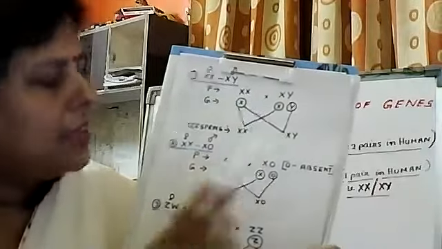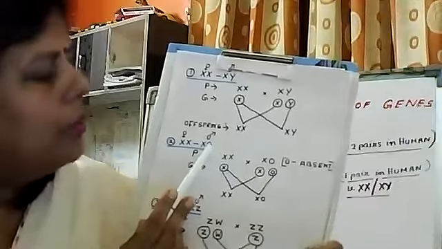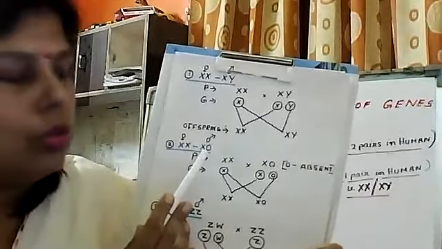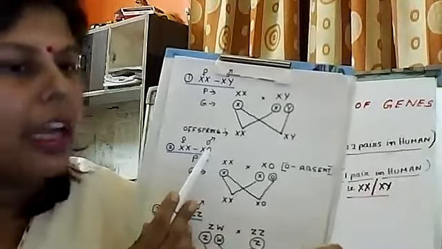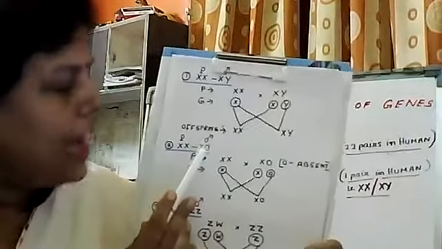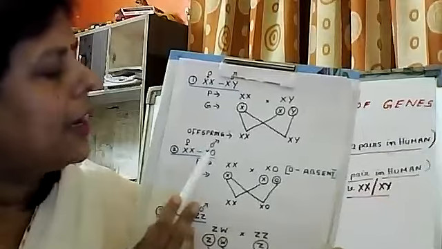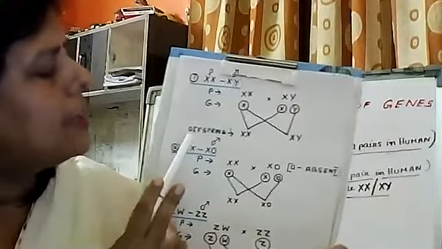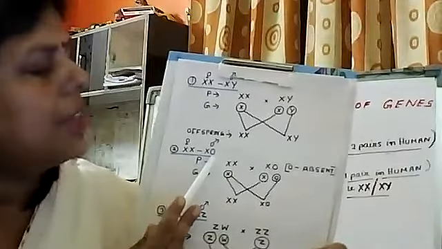Now another example is given, that is XX and X0. One thing, children, you all should know: this O or 0 indicates that in that individual one chromosome is absent. When it is absent, it is denoted by 0. This particular character is present in the male, and the other one, XX, is in the case of the female.